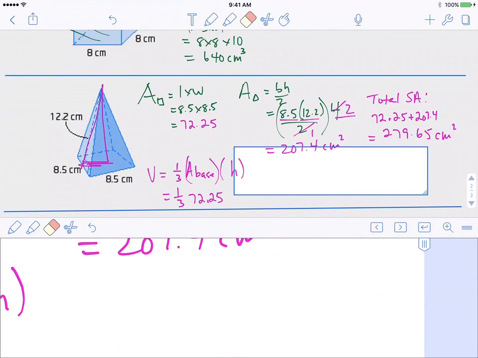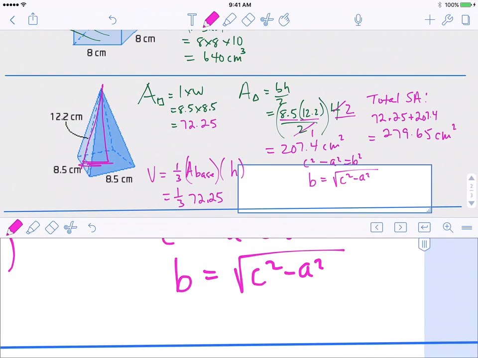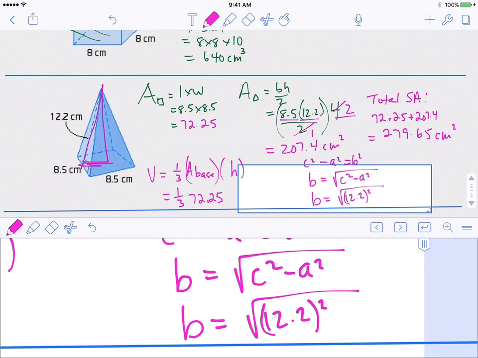Let me erase that as well. So I'm going to say c squared minus a squared equals b squared, and then b will equal the square root of c squared minus a squared. So b is going to equal the square root of 12.2 squared minus half of 8.5, which is 4 1/4, 4.25 squared.